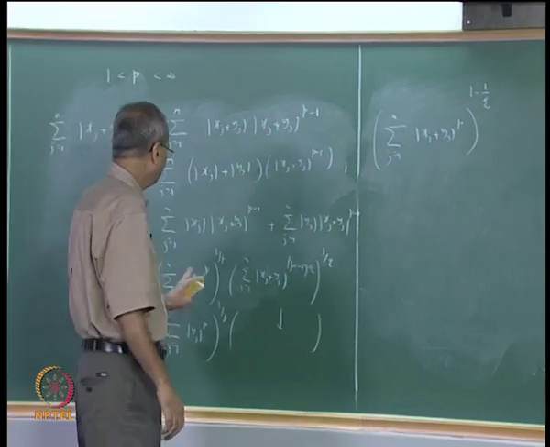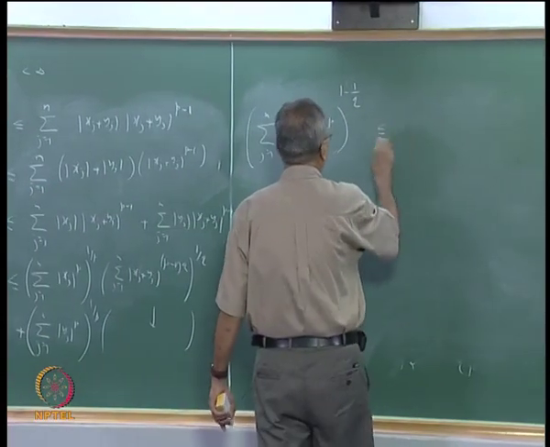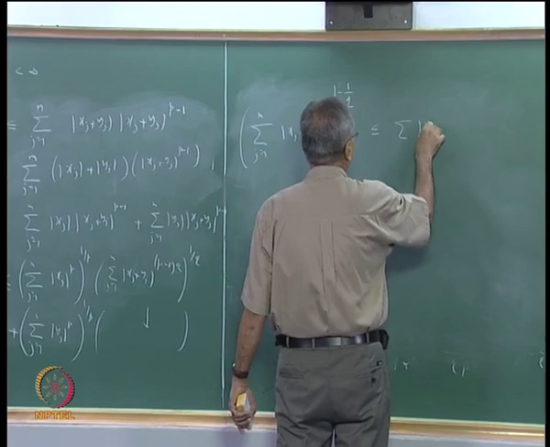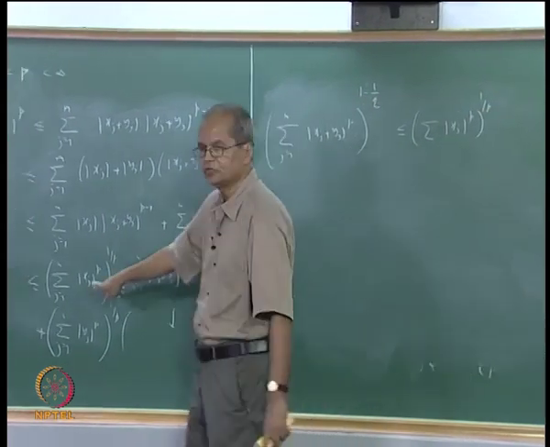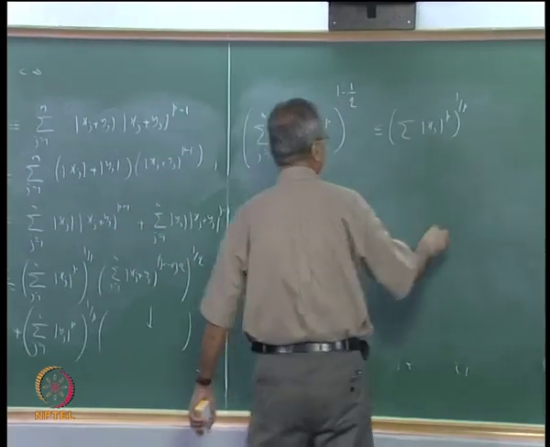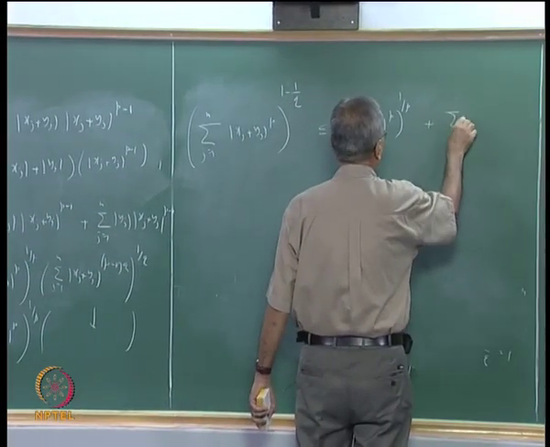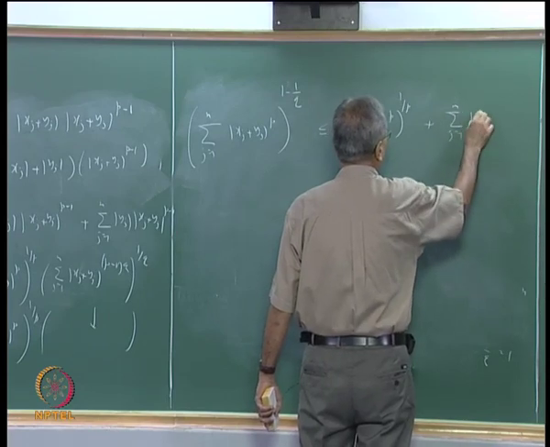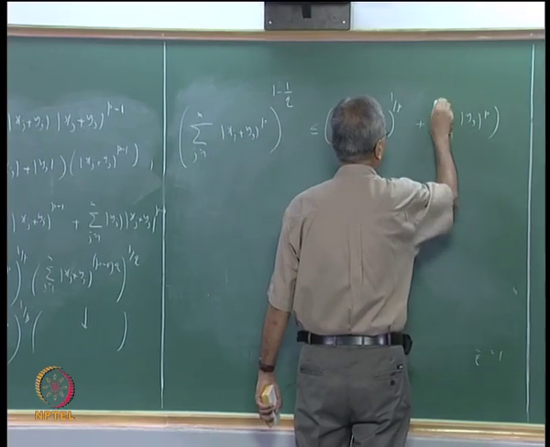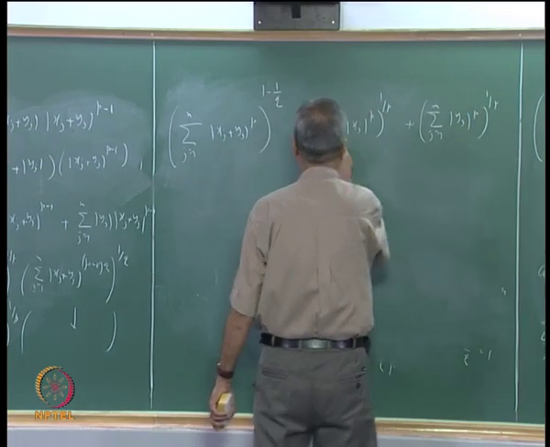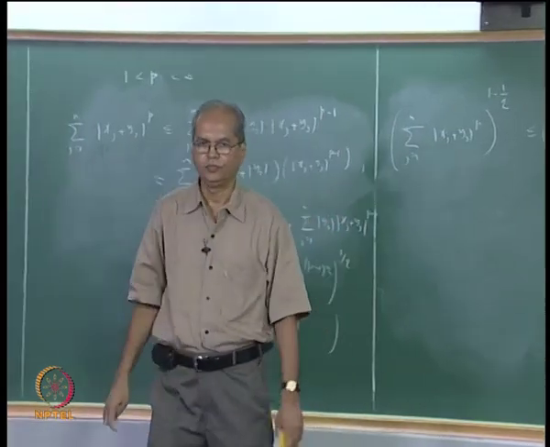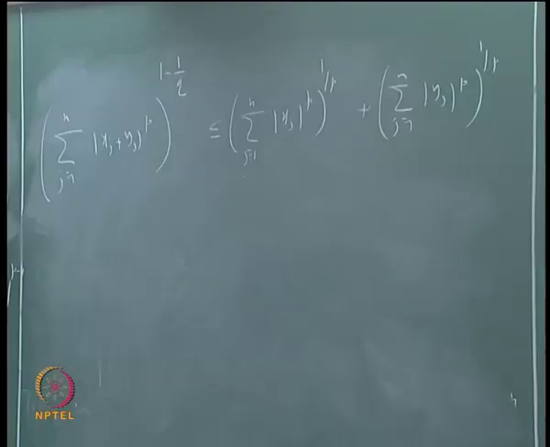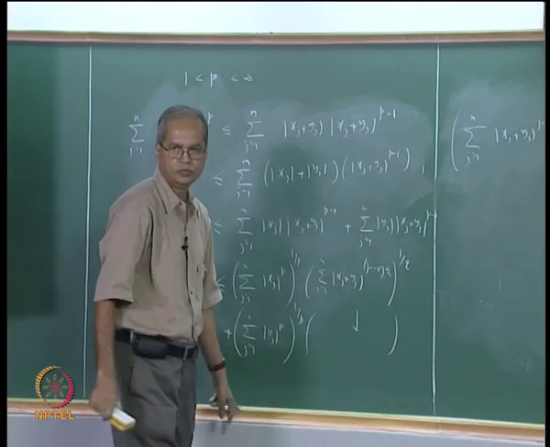And what will remain on the right hand side will be sigma mod xj to the power p, that is from this first term, and then from the second term sigma j going from 1 to n mod yj to the power p whole to the power 1 by p. That follows simply by dividing by this term.